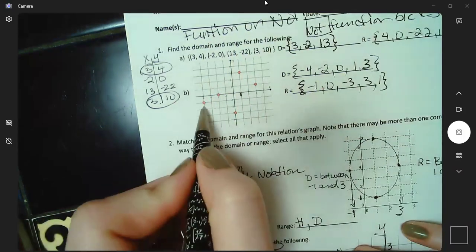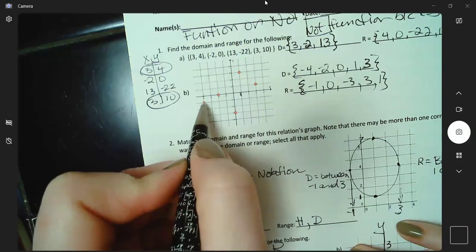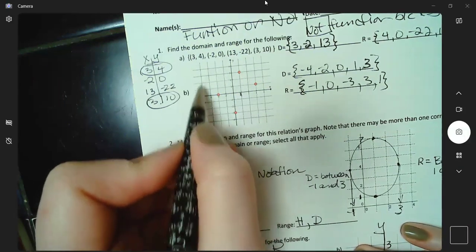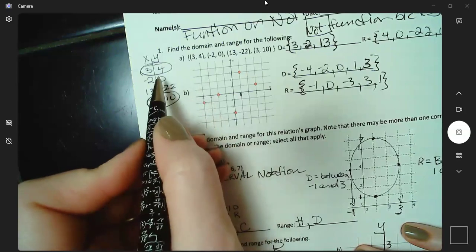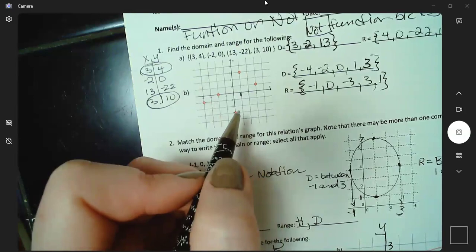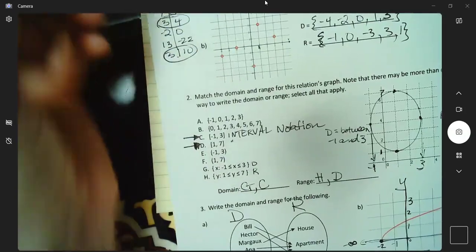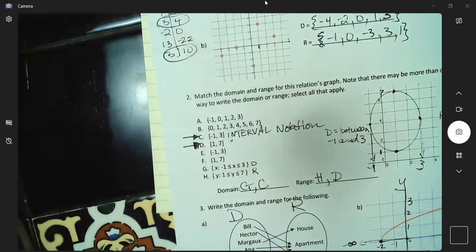So if you see a graph where you have at least 2 points that are vertically aligned, that means they share the same X value, and then it would fail the definition of a function. It's actually called the vertical line test, if any of you remember doing that before. I used to call it a pencil test when we would have classes to do this.